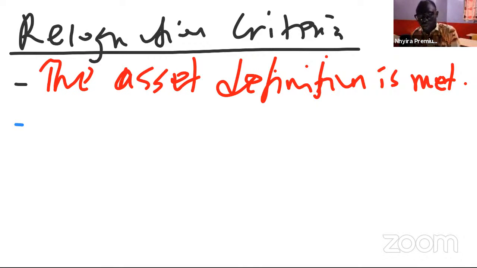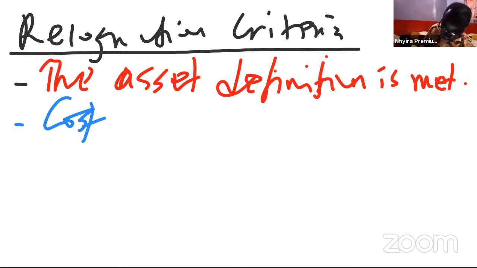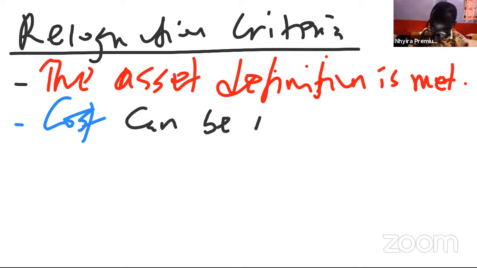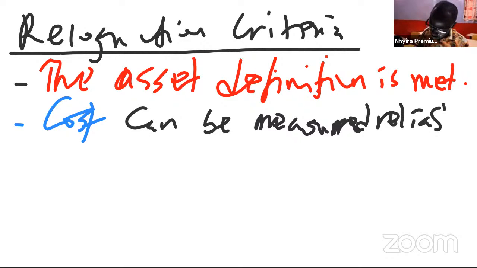Number two, the cost can be measured reliably. It has met the definition of an asset. Good. Can we measure the cost reliably? Yes, that is very critical.